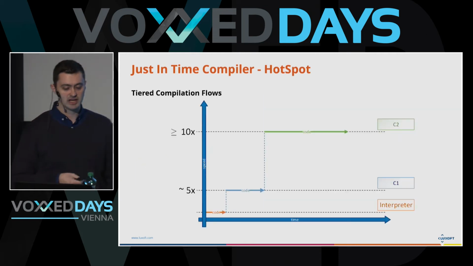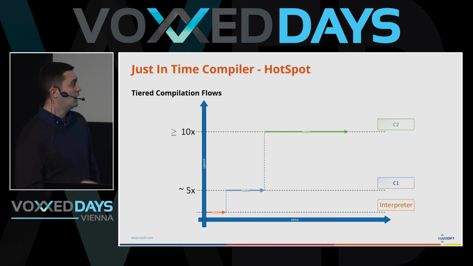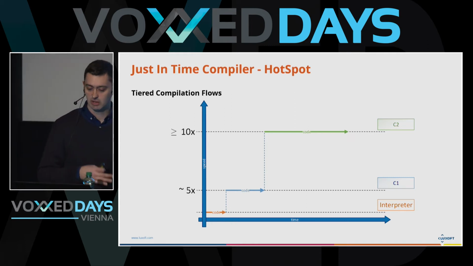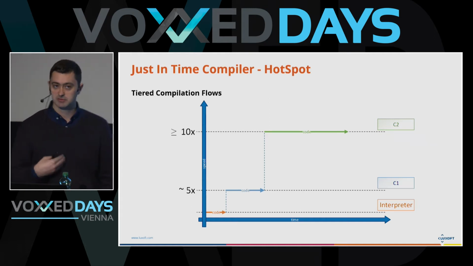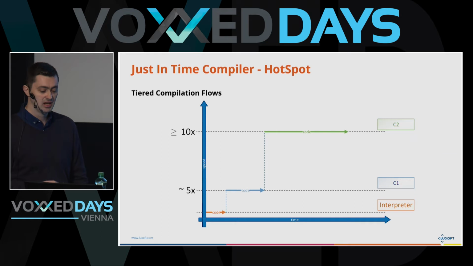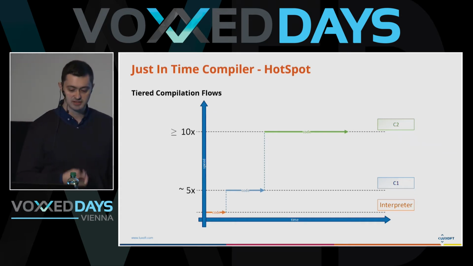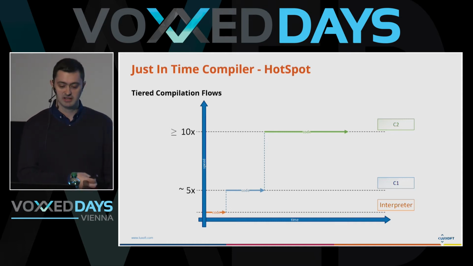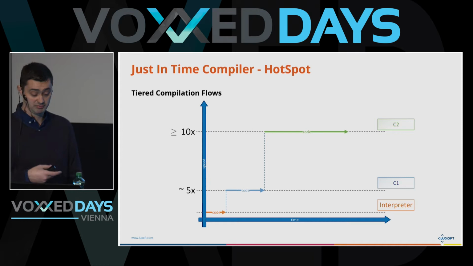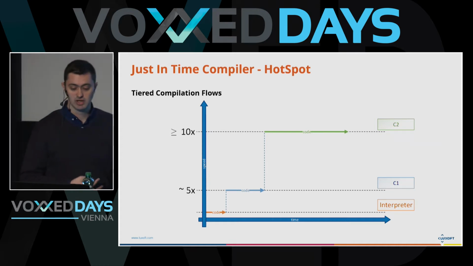If we take a look at the speed, of course, in the interpreter we have the lowest performance out of the Java code that we wrote initially, because mainly the bytecode is interpreted. The second level is C1, where we might have around 5 times speed improvement in comparison with the interpreter, and the best one is C2.